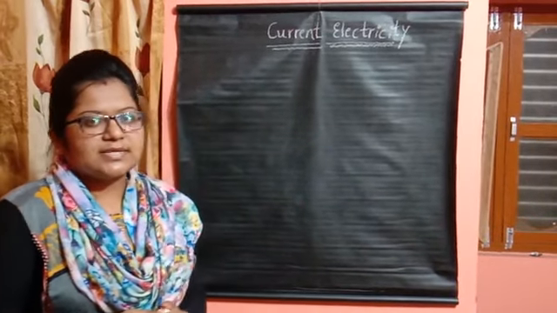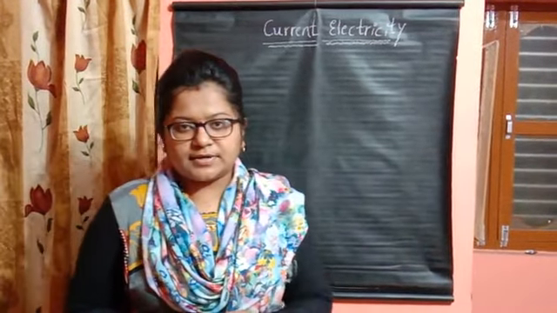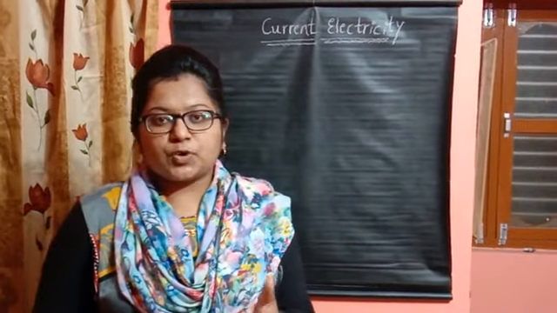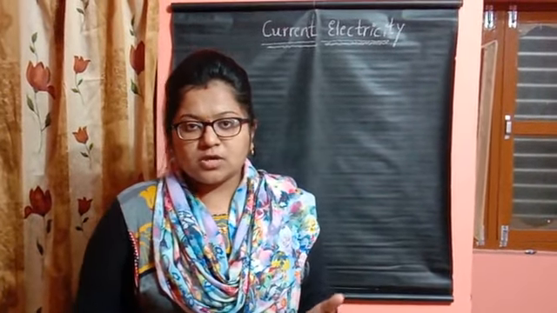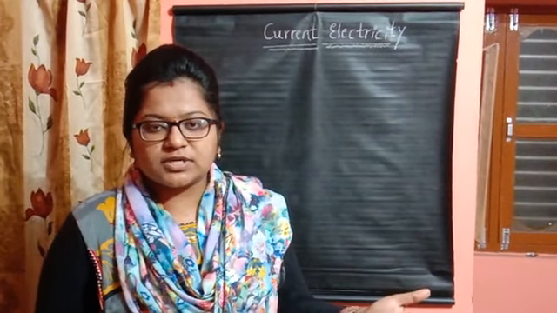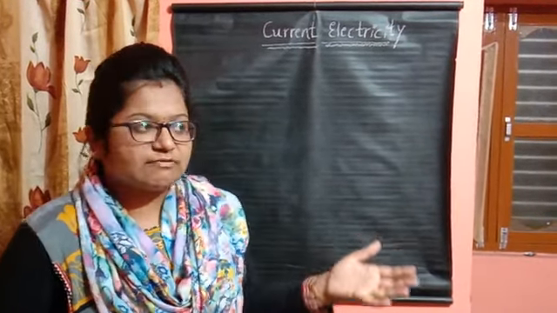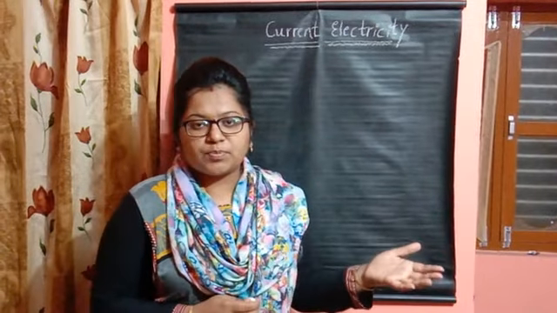In the last class we studied the basic but important things in current electricity. We studied how and from where current electricity is produced, and what things cause it. After that we studied some important features of current electricity, and defined it in a proper manner.